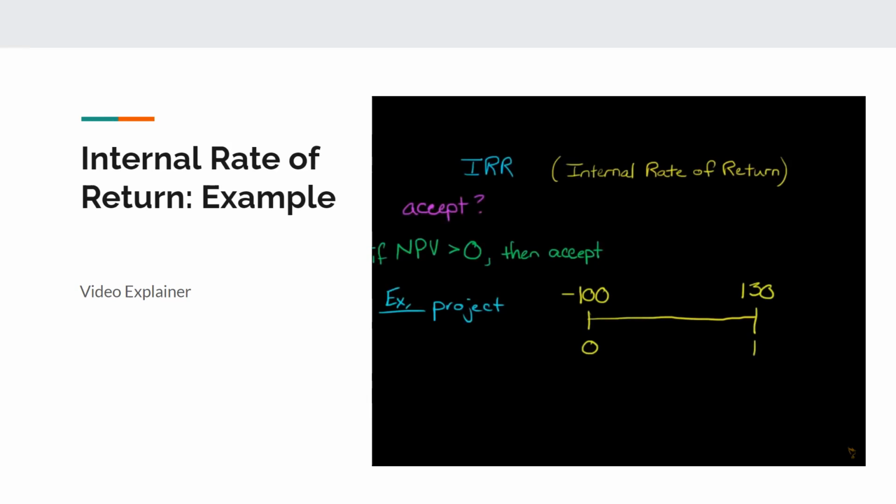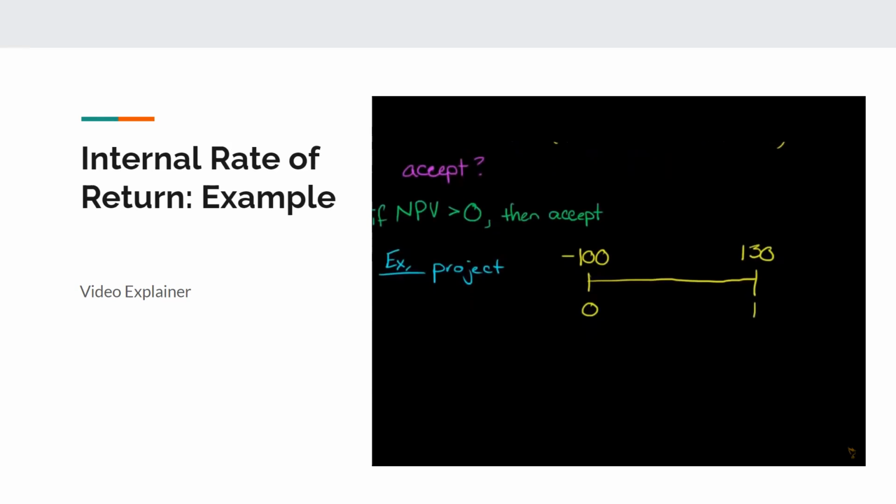Now, in order to calculate this with our NPV, holding off IRR for a second and thinking about NPV, we're going to need to know the discount rate. Okay, little r, we'll call that. And so let's just say that the discount rate is 8%. Right.